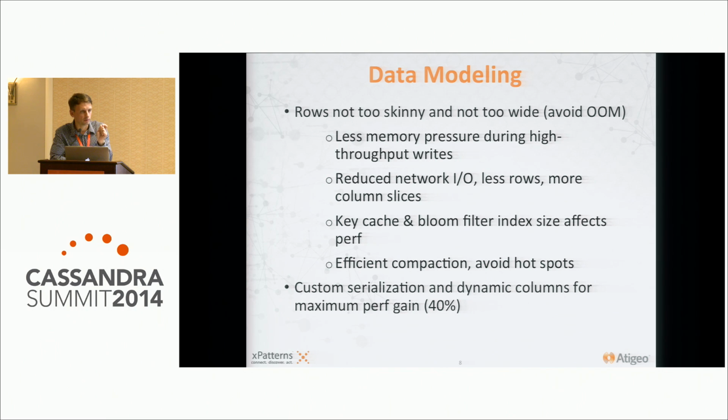We store column names in only 1 byte, and we do our own serialization in byte arrays. So they all contribute. Compaction, all these data structures, memory, it just makes it more efficient. It requires more work, obviously, on the developer side, but we chose to sacrifice developer happiness for reduced operational cost and performance.